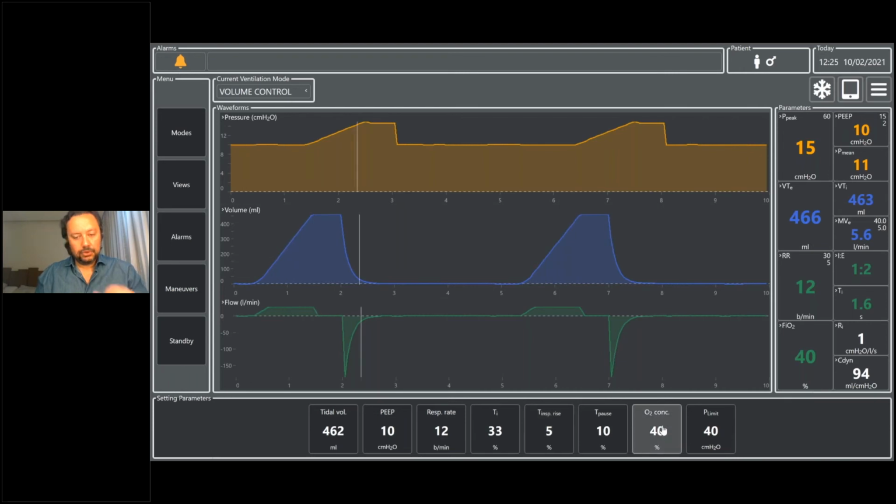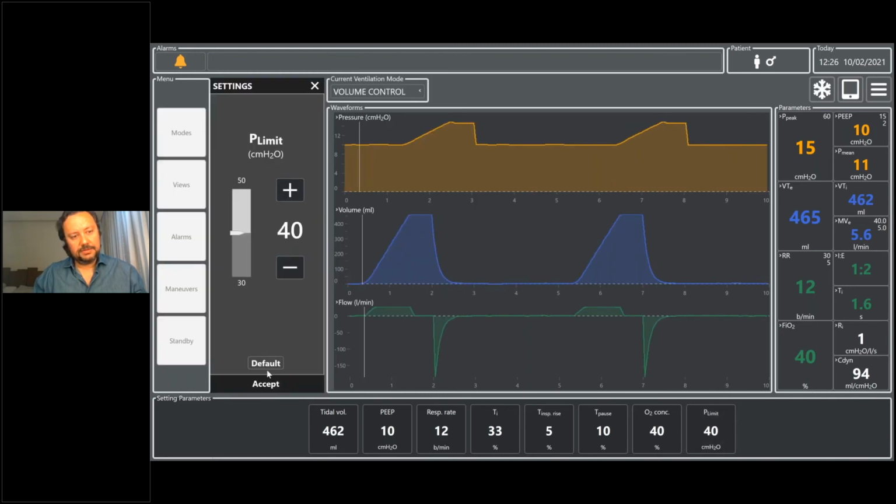Concentration of oxygen. This also reflects on our vital signs monitor. So if you also have the GOMARD simulator, you would have the vital signs monitor, which will show you the blood pressure, SpO2, EtCO2, all the values that you need to see. And then the limit of pressure. Because we are on the volume control, you can also have a pressure limit.